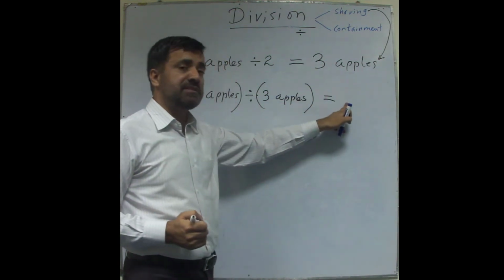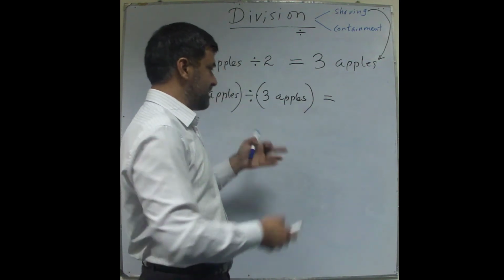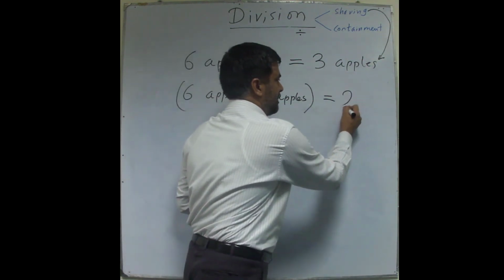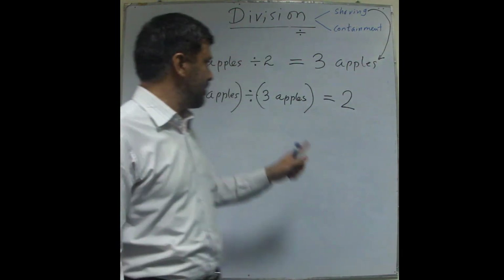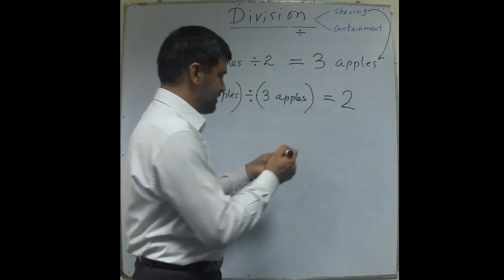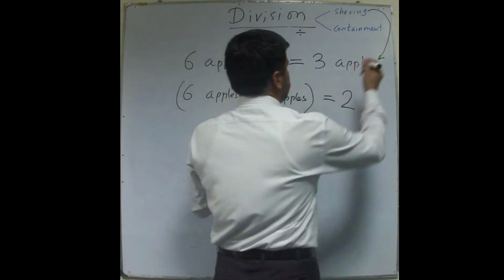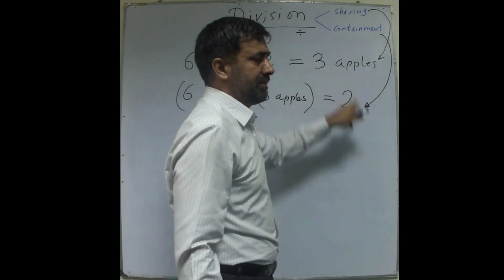So the answer is definitely 2, because here 3 times 2 is 6, here 2 times 3 is 6. Will that 2 have any denomination? No, because we have the denominations here. Here I can only say groups, so this is the containment interpretation. This is sharing, this is containment.